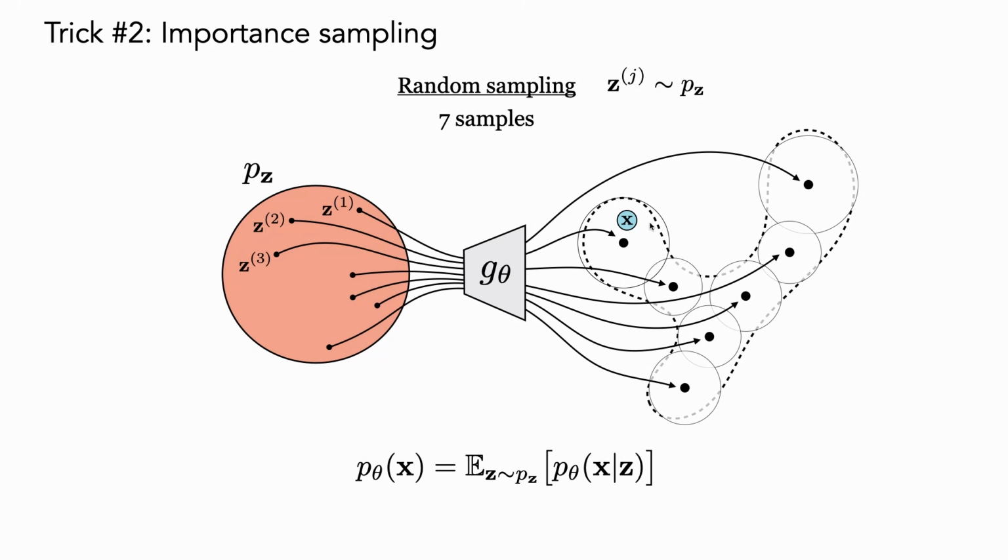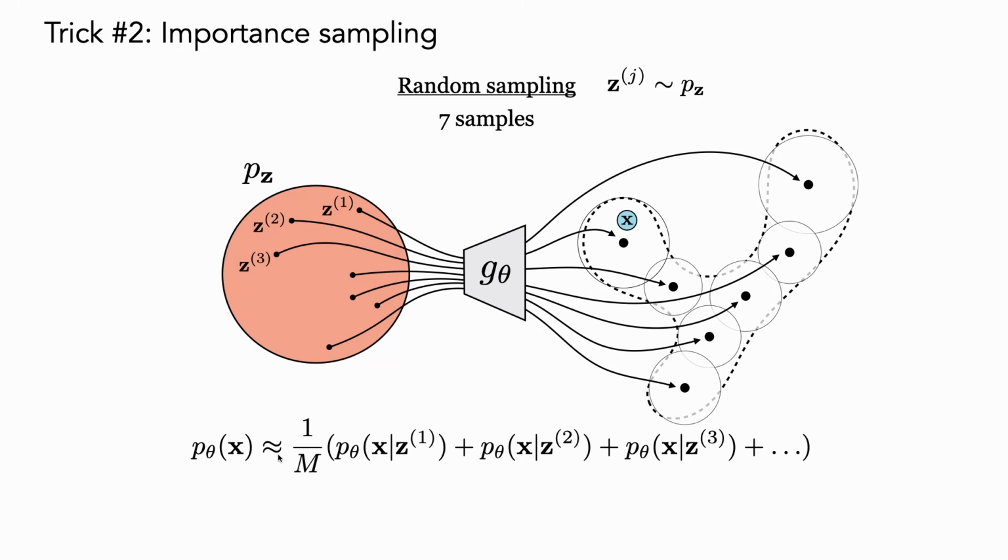In practice, this is what might happen if I've spread out these mixture components to be a good fit to the data density. The observation is that with random sampling, maybe I have to take around 7 samples to get one Gaussian component that's near x, and almost all the other components are adding roughly 0. So it's like this: p(x) is equal to the average of p(x given one sample) plus p(x given the next sample) plus p(x given the next sample).